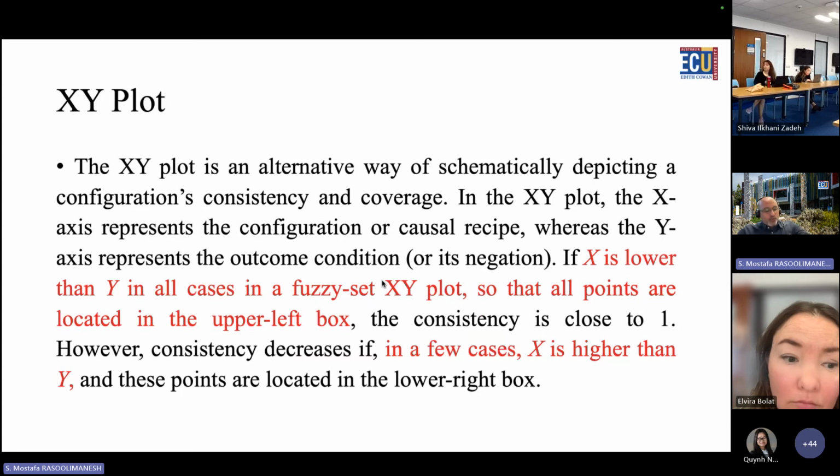Okay, XY plot. XY plot is another way to calculate necessity, consistency and coverage.